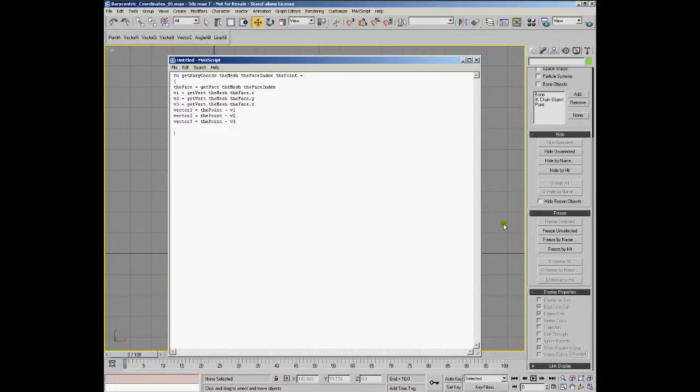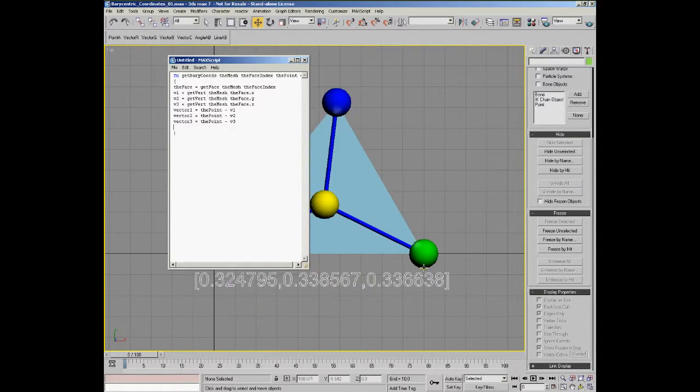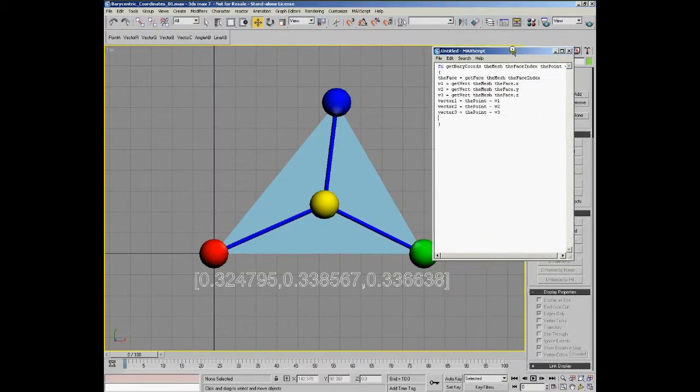Third vertex. These are the vectors pointing from the vertices of the face to the fourth point in the middle of the face.